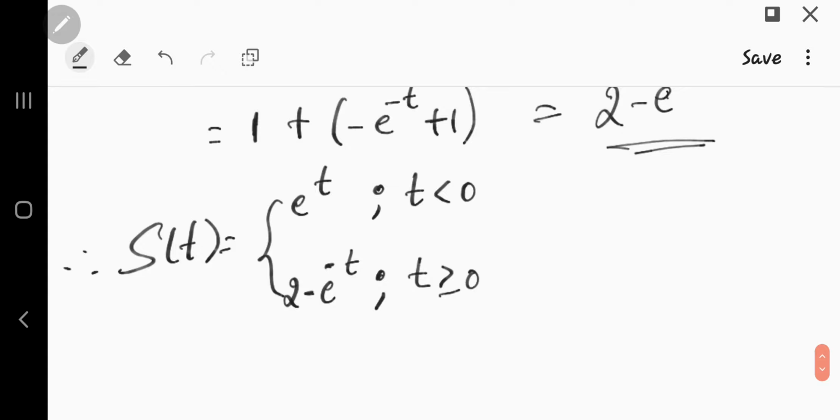Anyhow, I have one more problem I will take here. I'll conclude this step response by taking this example, and in the next video I will directly move on to continuous time Fourier series.